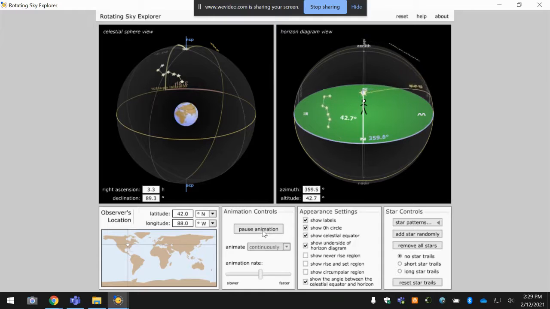First column, number 18, is the first star of the Big Dipper at the meridian. The altitude at the meridian for the first star of the Big Dipper, number 18, is 70.2. Altitude for number 19, 75.6.